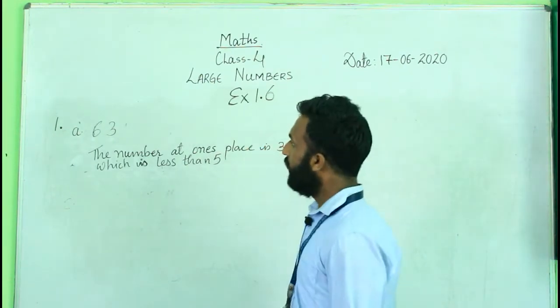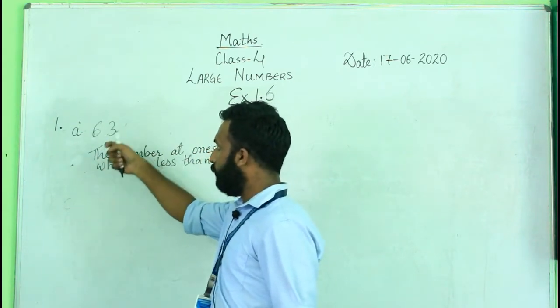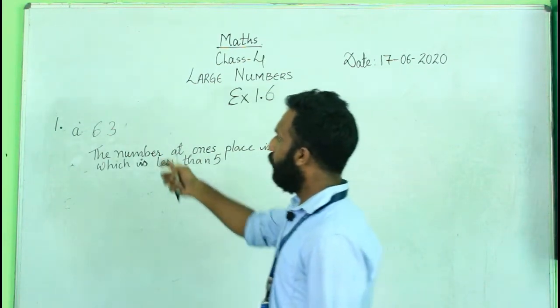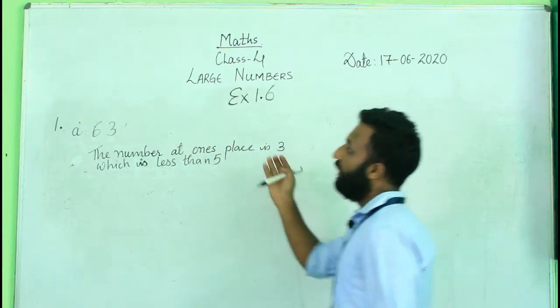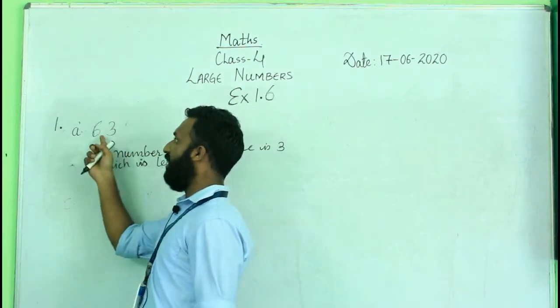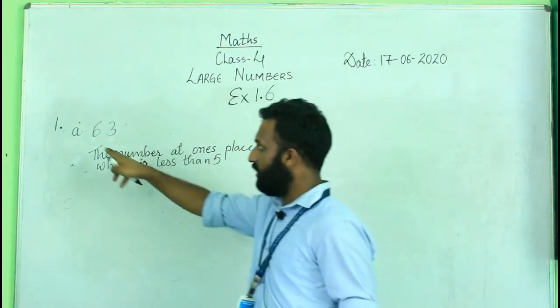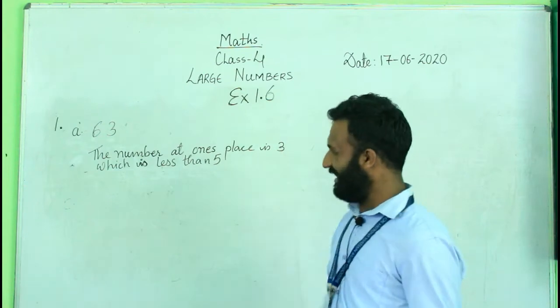If here at the ones place, in place of 3 it would be 5 or more than 5, that time also we will change the number to 0, but in that case we will add 1 to the tens place. But in this question we have 63, and 3 is less than 5.